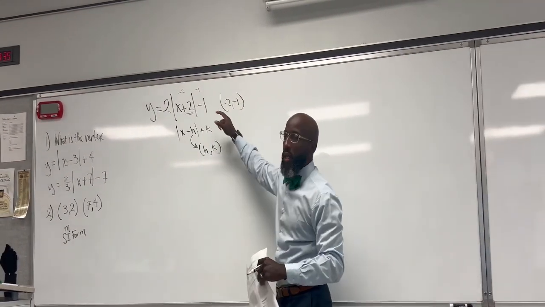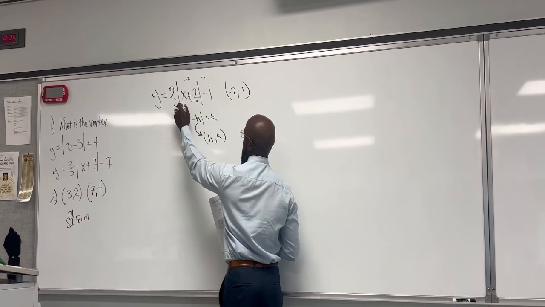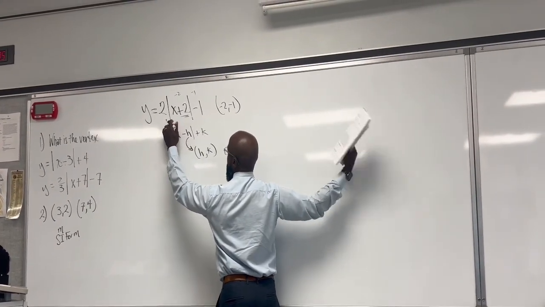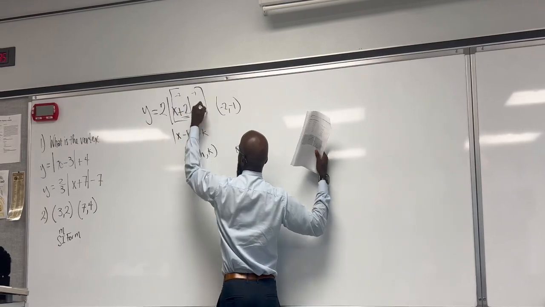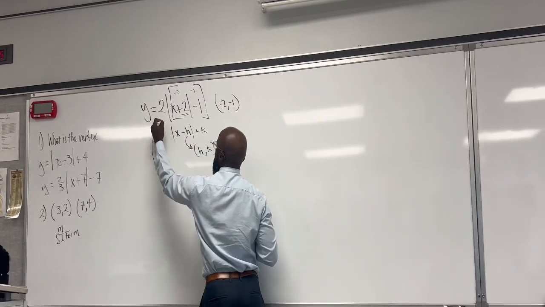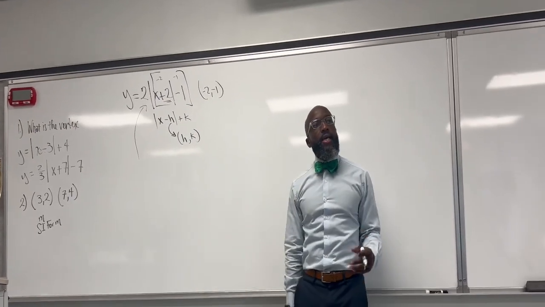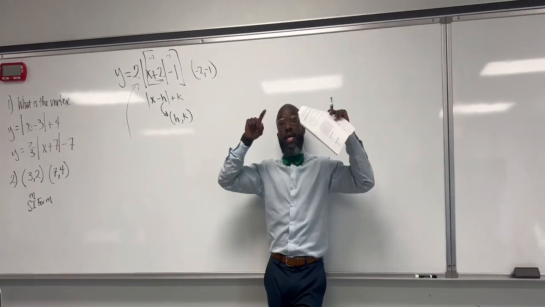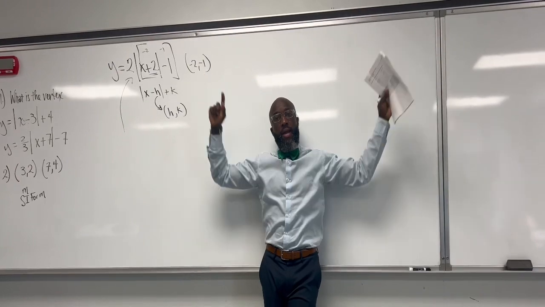Everything from the absolute value bar to the right tells us what we need to know about the vertex. Now, the left side of the absolute value bars tells us everything we need to know about the next points as we find further points past the vertex.